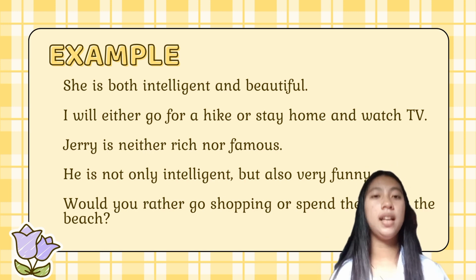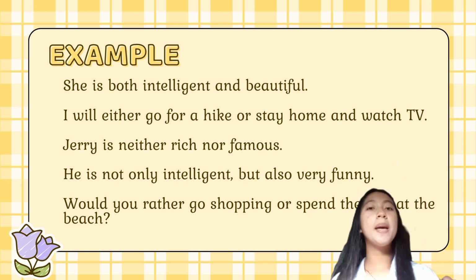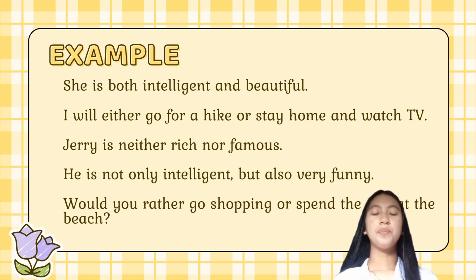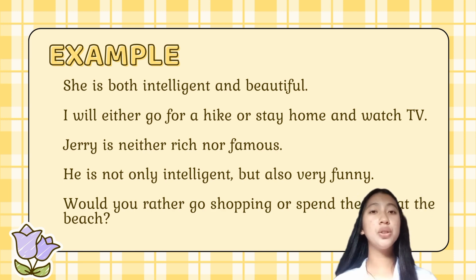The speaker is asking the listener to choose between going shopping or spending the day at the beach. In each sentence, the correlative conjunctions help establish a clear relationship between two equivalent elements, contributing to the overall coherence and structure of the sentence.